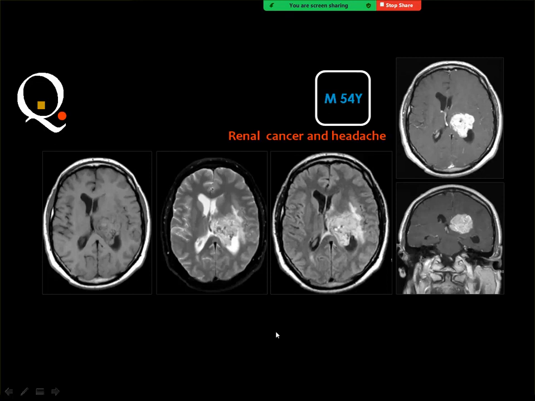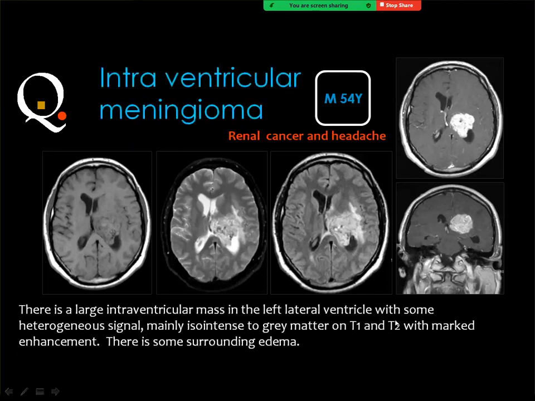choroid plexus. Then you think of a meningioma. Then you may diagnose that this is a metastatic deposit to the choroid plexus, and you may think that this is an intraventricular meningioma with metastasis inside. This can be seen in clinical practice, but usually in the presence of a primary malignancy, we try to relate the findings to the primary lesion.